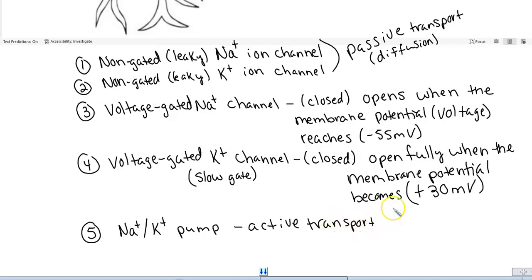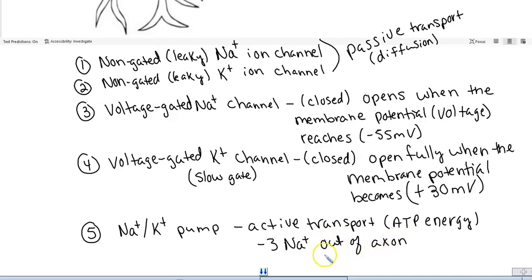Active transport, which is ATP energy, which is why I drew ATP. So it's going to take ATP energy to pump what it needs. And what you need to know is that it pumps 3 sodiums out of the axon and 2 potassiums in the axon.